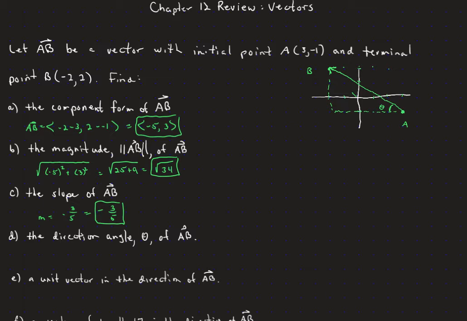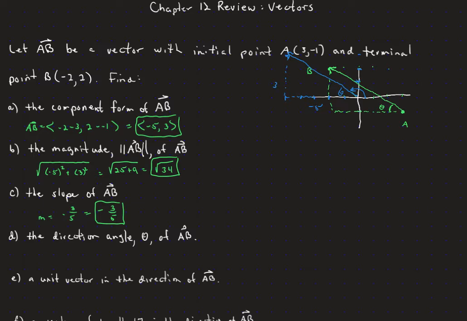If we move our vector, which we know has component form -5, 3, so if I go 1, 2, 3, 4, 5, and 1, 2, 3, I didn't plan that very well. So in standard position, our vector is going to be here. So this is our angle. We can use it as a reference angle in this triangle as long as we get the correct signs there. So that's going to be a -5 and a 3.